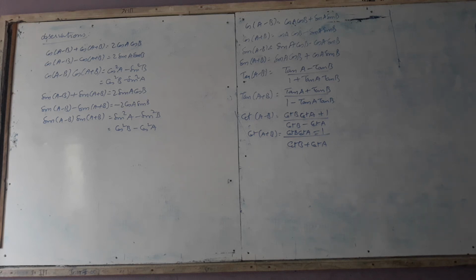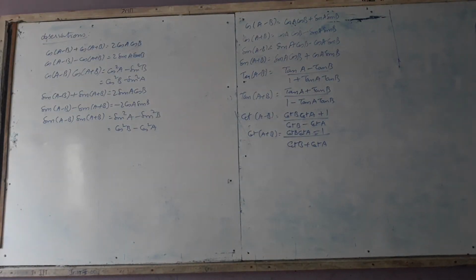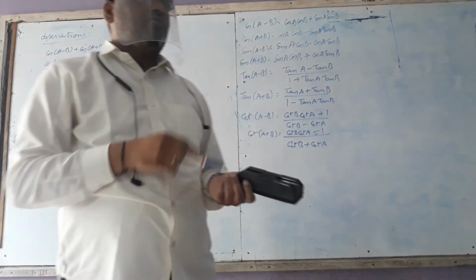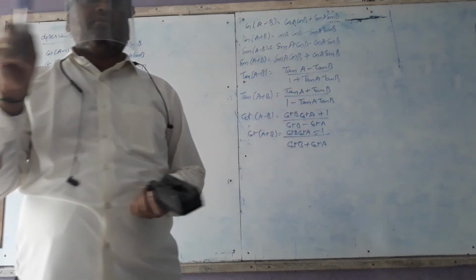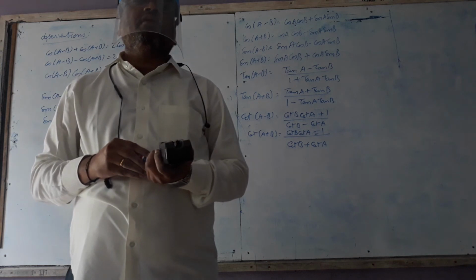Not like tables, only ratios. Show me what you have. What about you, madam? 10, 11. 12, no, 10, 11. Very good. So 12 people out of 19 are not receiving my work.